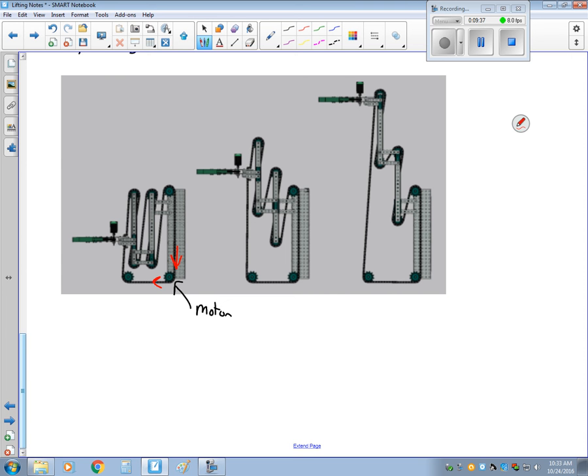So as this pulls down, it's going to pull up on this chain, which pulls down on this part of the chain, which lifts up on this one, pulls that part down, picks that one up. And what that does is it causes this platform to rise.